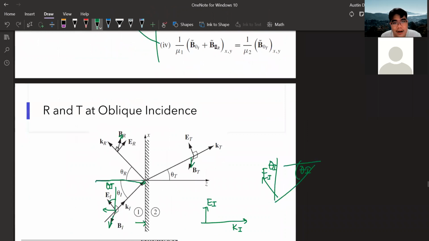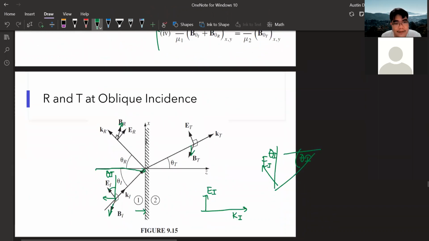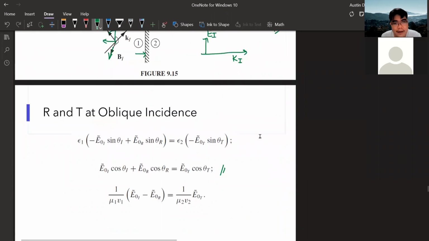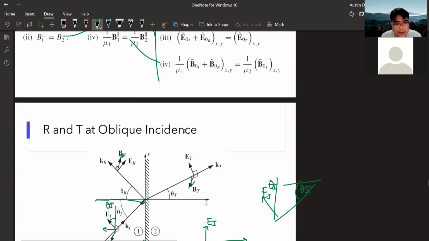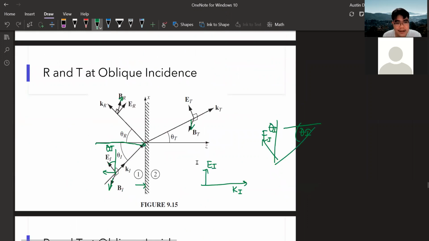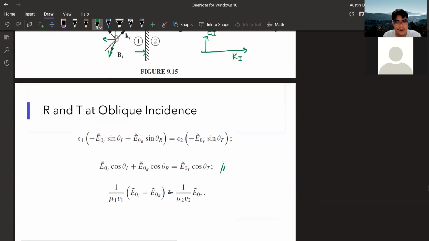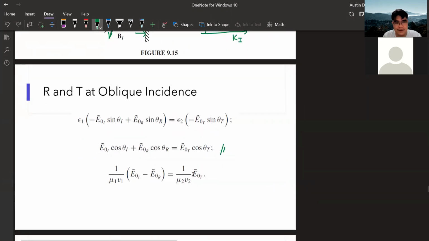So si B not R is into the page, kaya siya negative. And positive yung B not T tsaka B not I kasi nakatutok siya sa atin. Yung nakatutok sa atin is positive y hat direction. Yung nakatutok paloob is negative y hat. So kaya siya may negative sign doon and positive yung dalawa.